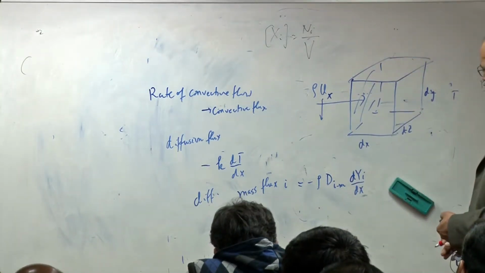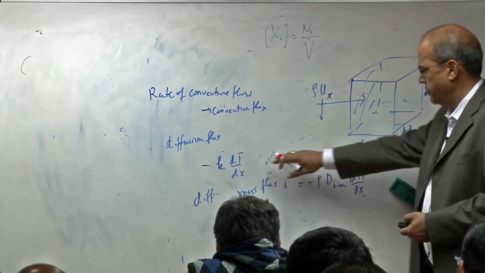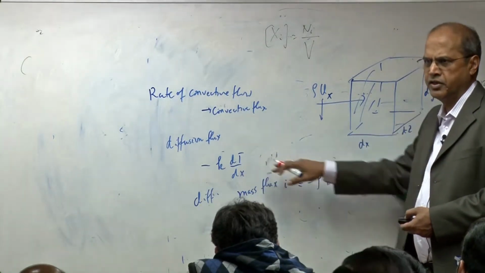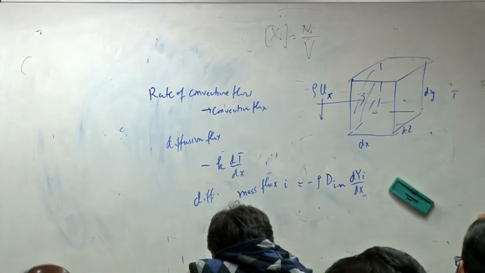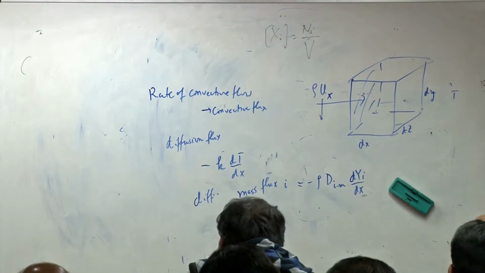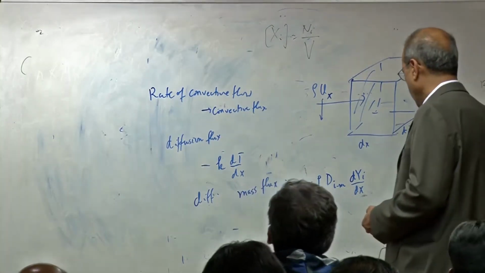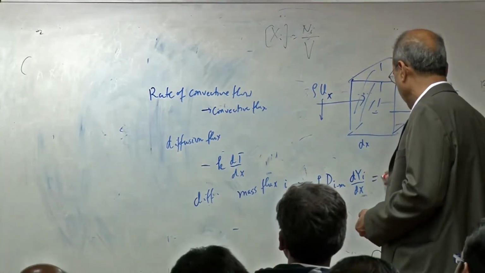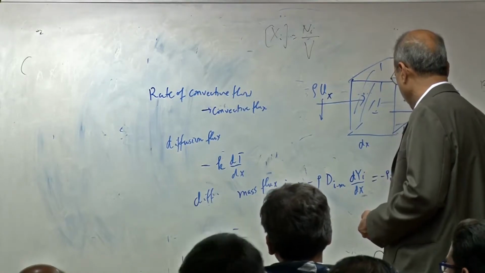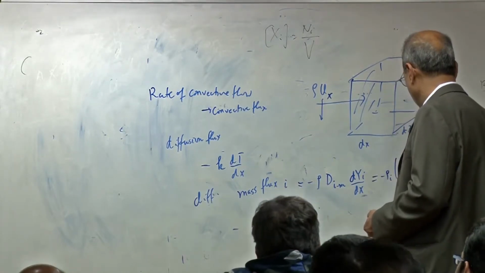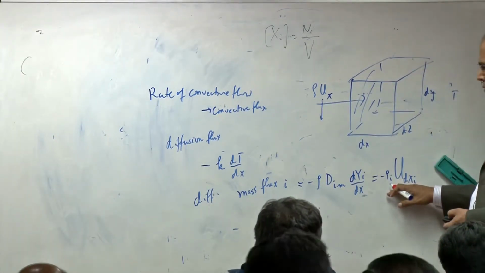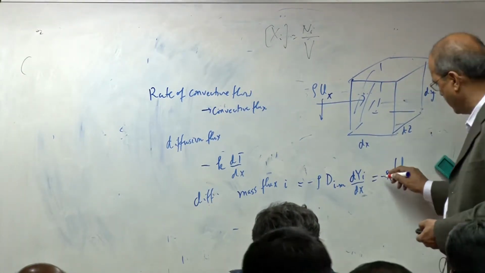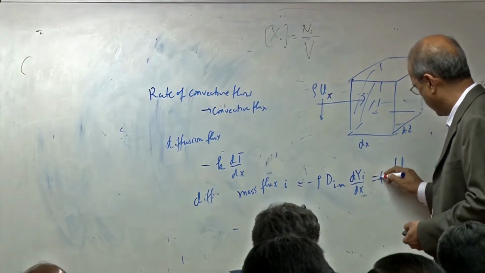Spend a little bit more time on this, but this is very similar to the conduction heat flux. So you have the diffusive mass flux of species I. We can also write this as rho I u d_i, a very similar definition. This is not minus, plus.